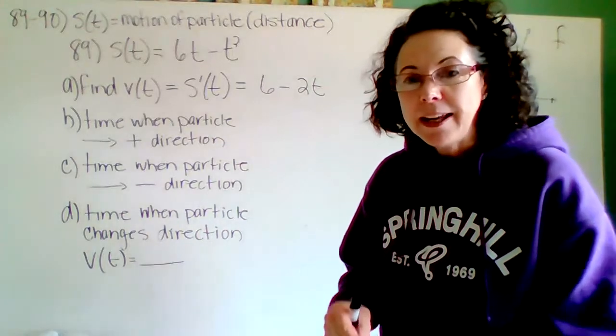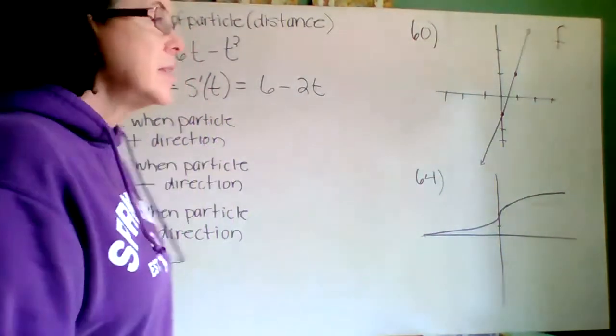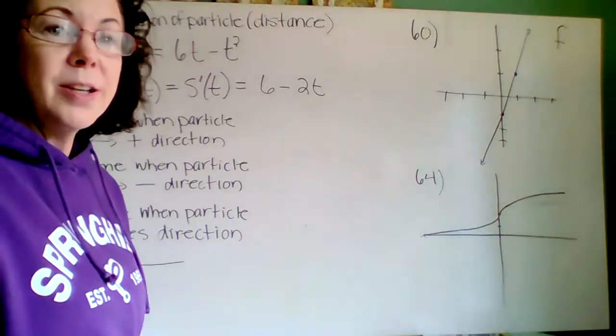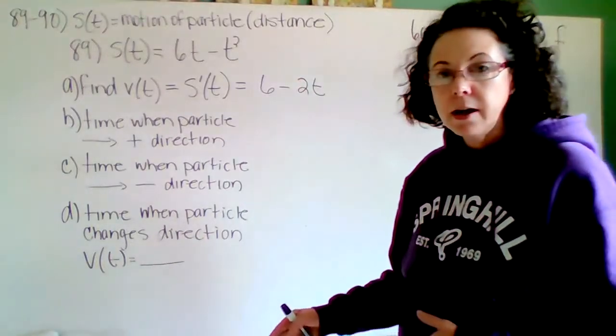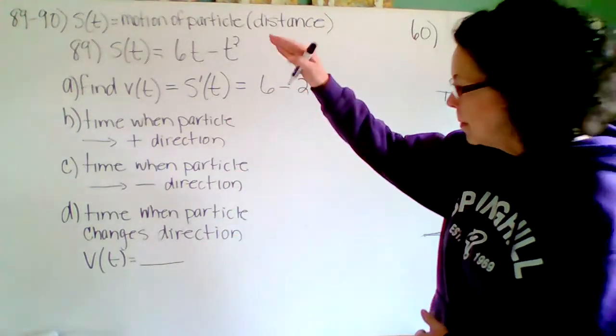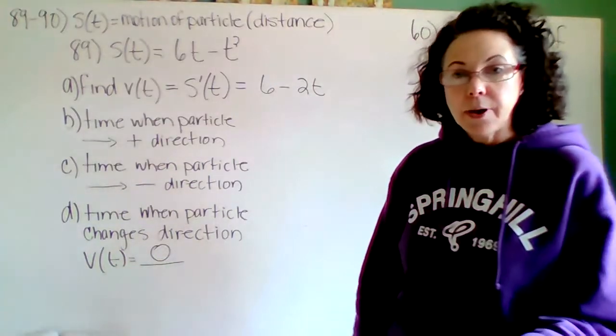So it must be at that moment that I changed direction that my velocity was 0, right? That is the only way, when you have a continuous function, to go from a positive to a negative or a negative to a positive: you have got to go through 0.